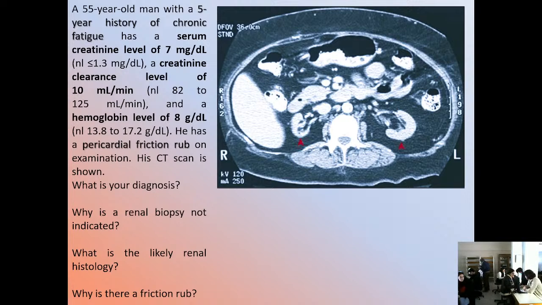If you see granularity in the outer surface, it's nephrosclerosis. If you don't see granularities, it's chronic glomerulonephritis. All right, we discussed this case.